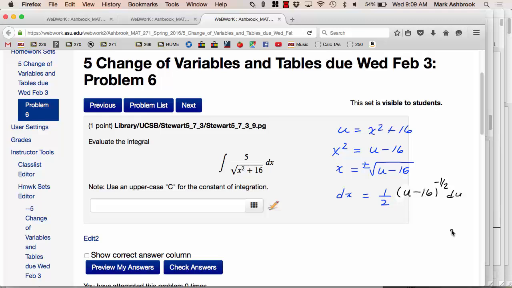If we rewrite this now, the point of doing this is that the change of variable is going to make it something that we can do. So now we would have 5 over square root of u. That's nice, but our dx is 1/2, and now we have another radical, u minus 16.